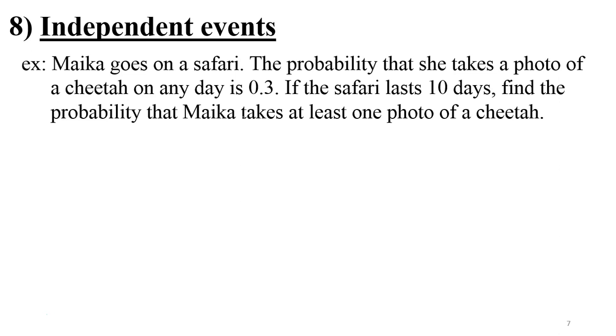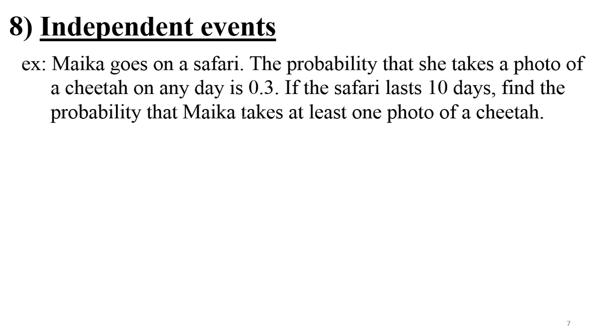Now in this example, we have Micah who goes on a safari. The probability that she takes a photo of a cheetah on any day is 0.3. So if the safari lasts 10 days, find the probability that Micah takes at least one photo of a cheetah. So over here, the probability that she takes a photo of the cheetah on any day is 0.3.